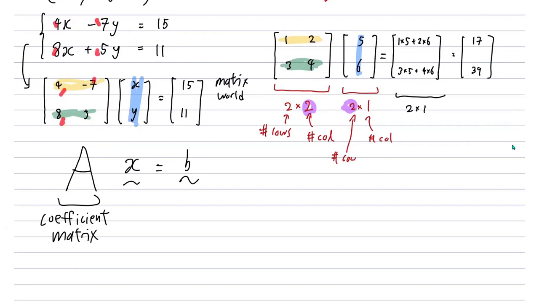Then this guy is called the solution matrix, or actually vector. If it's only one column, we call it a vector, a special kind of matrix. You have learned vectors before in O-level maths, hopefully.